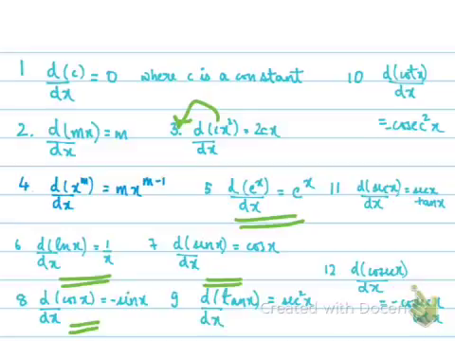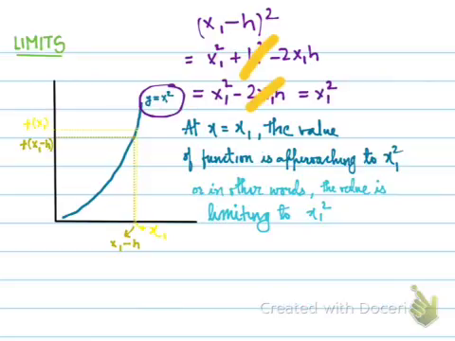So I can say that these are important to learn. Not all of these are important to learn, because these are mostly used, and the rest of it can be derived using the first principle. So they need not be learned, or you can also derive them using other differentiation rules, which we will discuss in our later chapters.